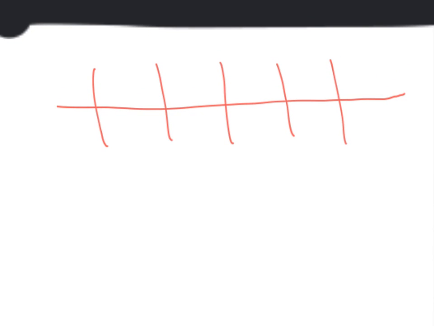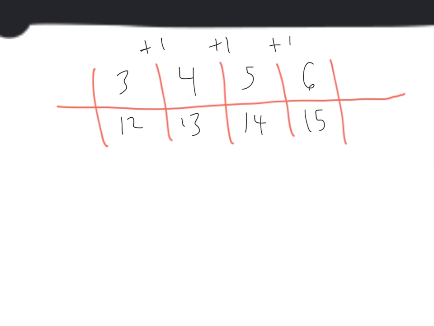We've got 3, 12, 4, 13, 5, 14, 6, 15. And the way that I would describe this one is this is actually an arithmetic sequence because as we are increasing our position by 1, we're adding 1 each time, our value is going up 1 as well.